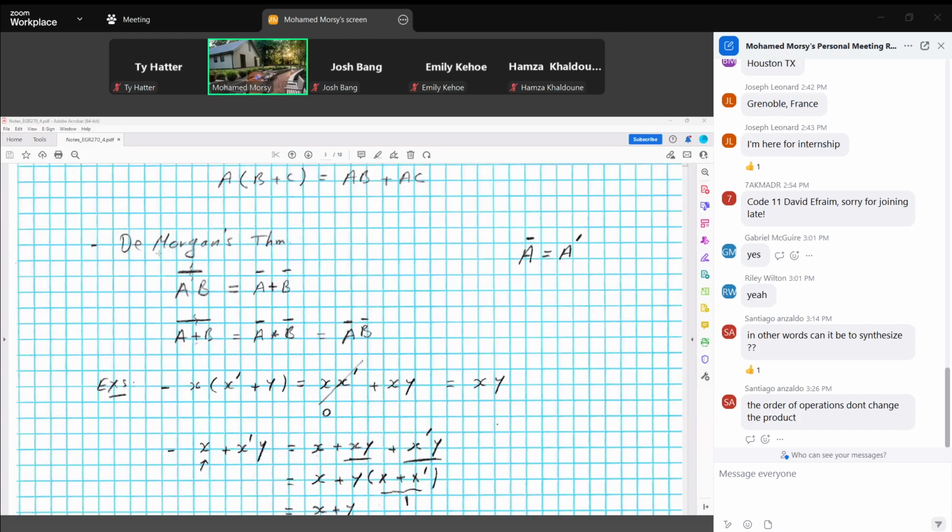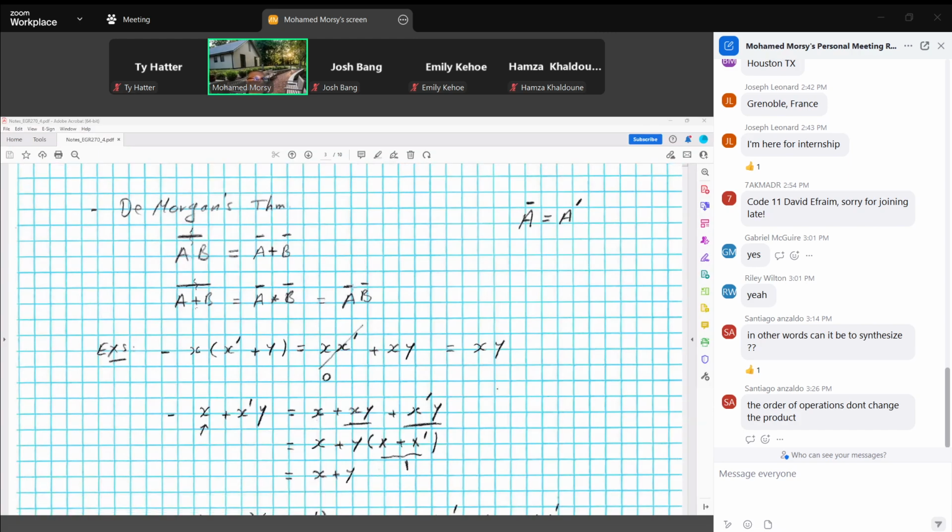Now De Morgan's theorem. This is an important theorem. What is this theorem? (AB) inverted. And please, AB total inverted is different from A inverted, B inverted. I always repeat this, and unfortunately, at the end, I see some students still make this mistake.